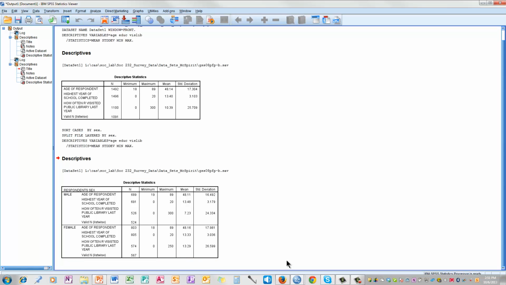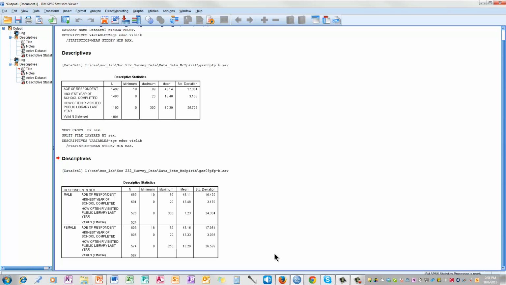Okay, and maybe you could start to talk about, summarize, and describe what's going on with regard to men and women here on this variable. But you don't have to, because all I want you to do is produce these results for the demonstration. Okay? And so once you're completed with this demonstration, this marks the end of demonstration 2 for chapter 4.